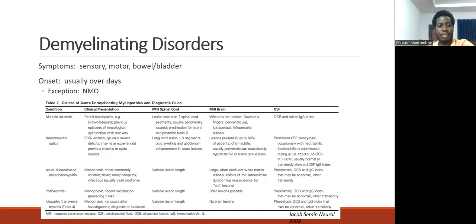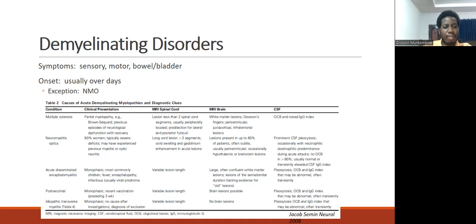Then this table gives you the lowdown of the differential diagnosis of demyelinating disorders, categorizing them by clinical presentation, imaging features on MRI, as well as CSF findings.